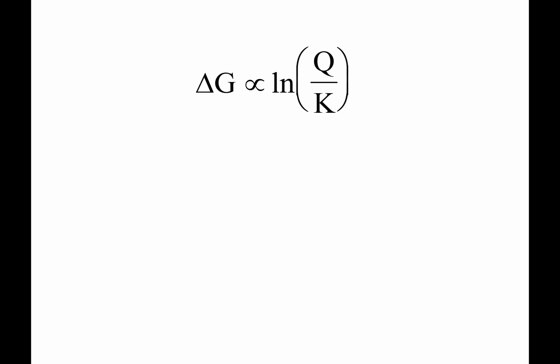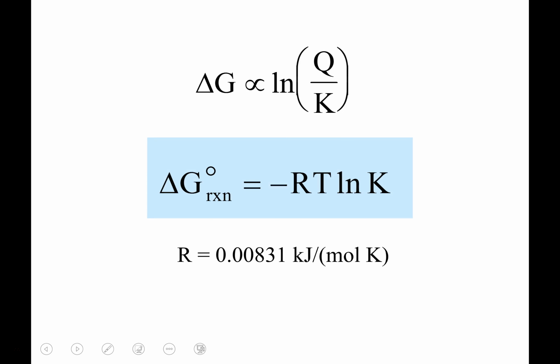Well, there's definitely a relationship then between Gibbs free energy of a reaction, your reaction quotient, and your equilibrium constant, and it looks like this. One of the things we know about proportionalities is that if you introduce a constant, you can put an equal sign in there. So we have a blue box coming up.